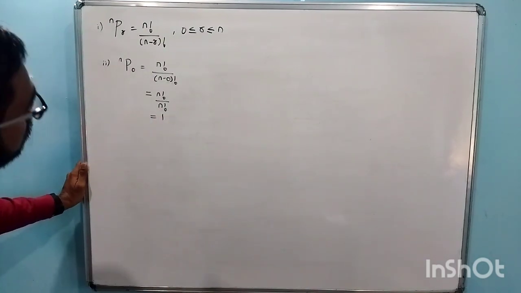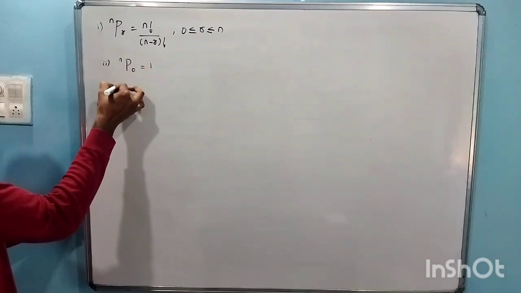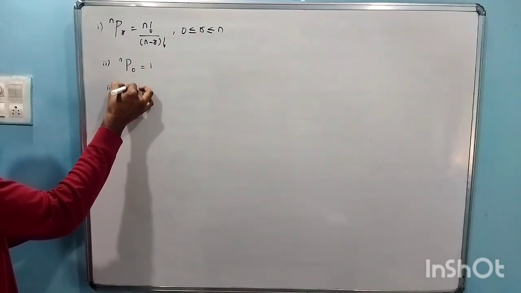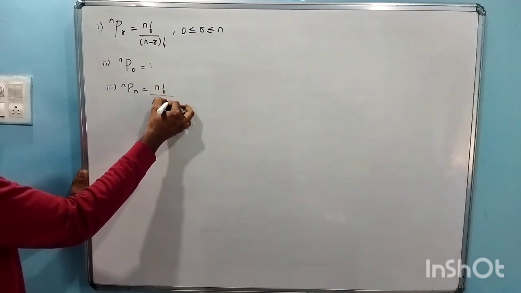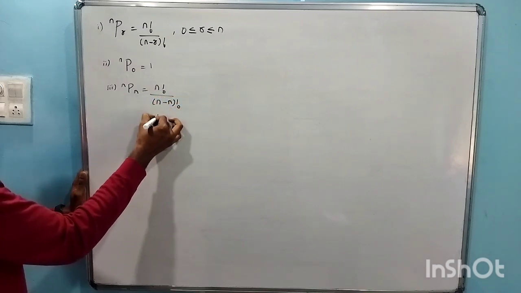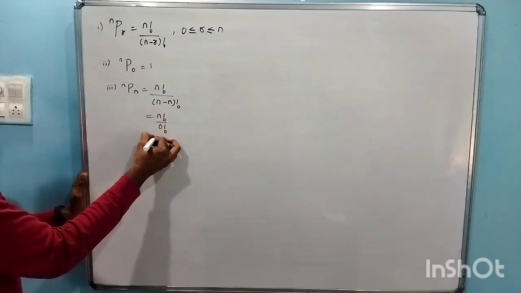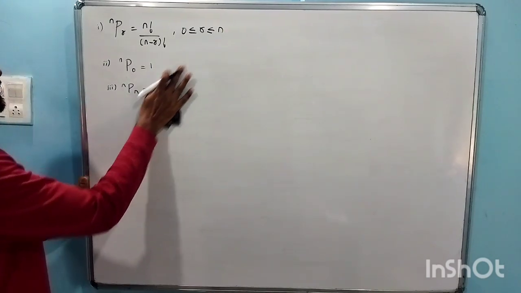Okay, and what is nPn? nPn is n factorial upon n minus n factorial. Okay, so n factorial upon 0 factorial. So n factorial, correct? So nPn is n factorial.